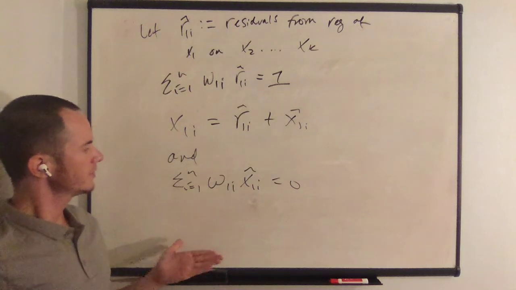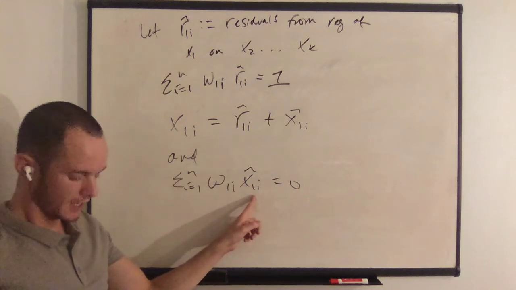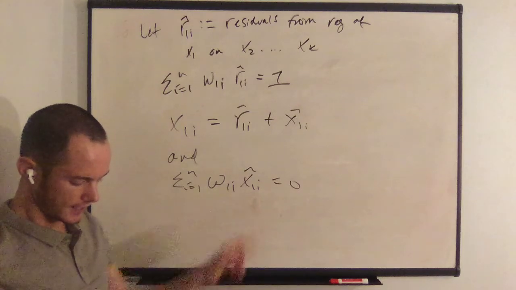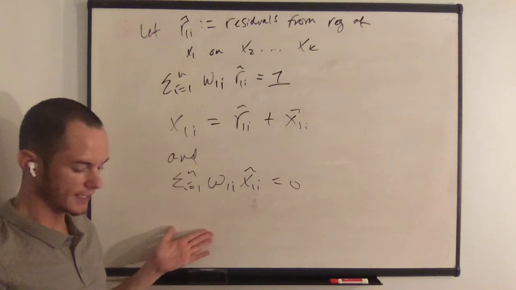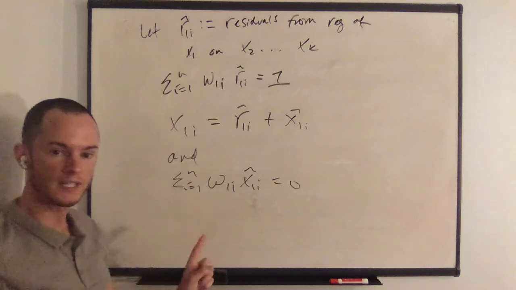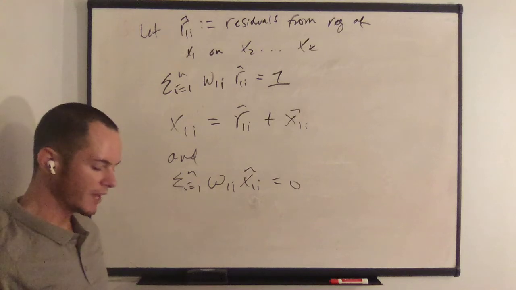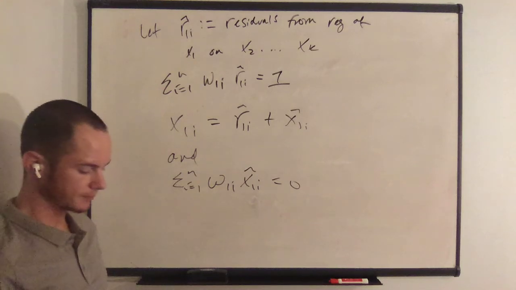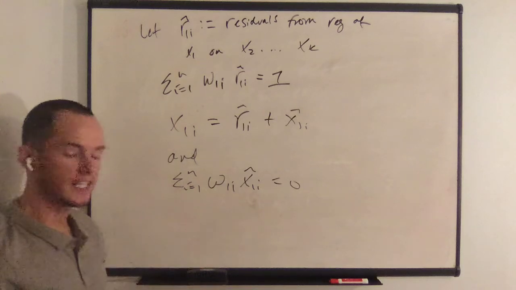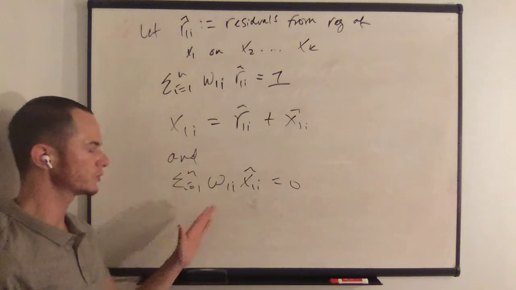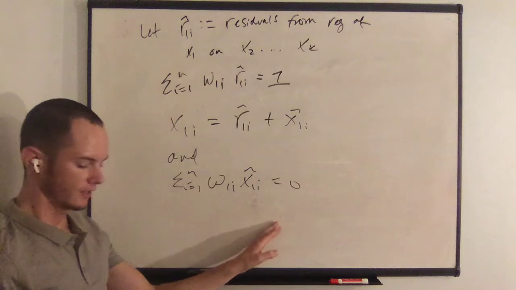So what we have here is that this x1i hat is the result of the constraints identified previously to make the estimator unbiased. This x1i hat is a linear combination of the x2 through xk, right?